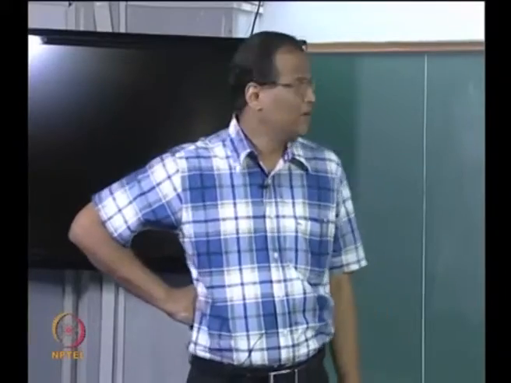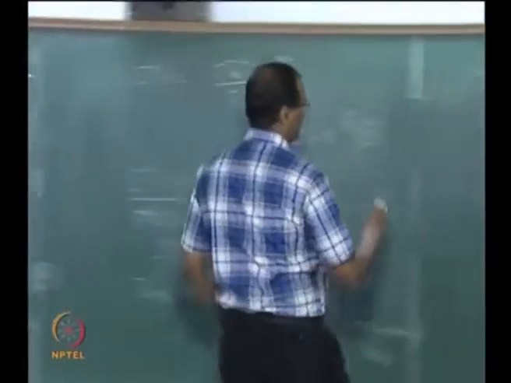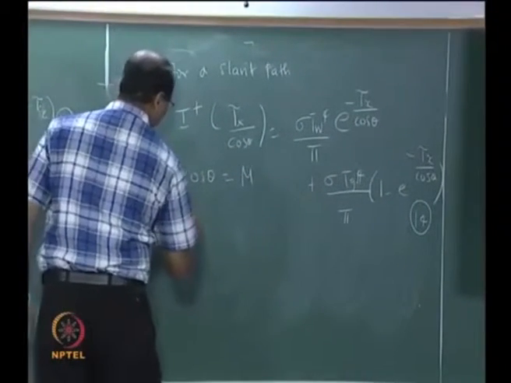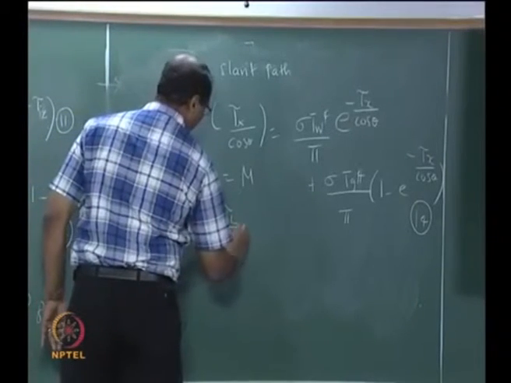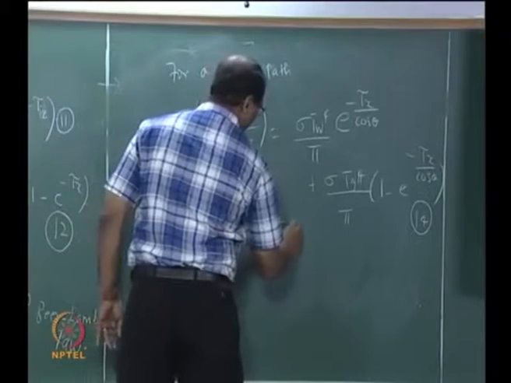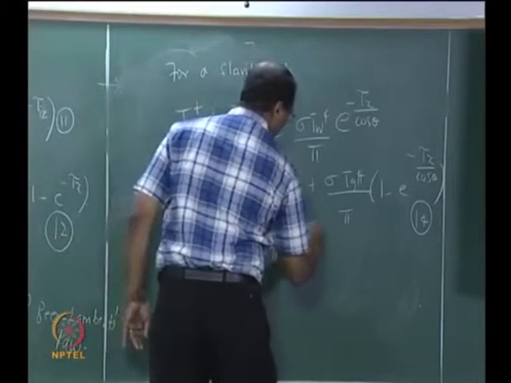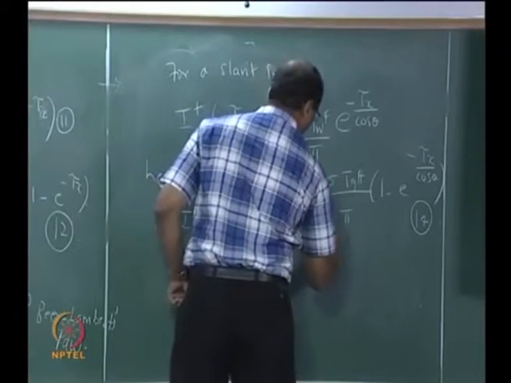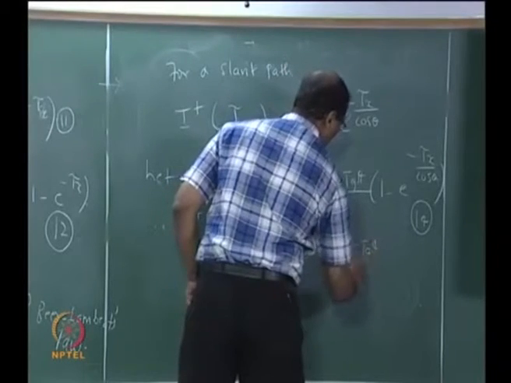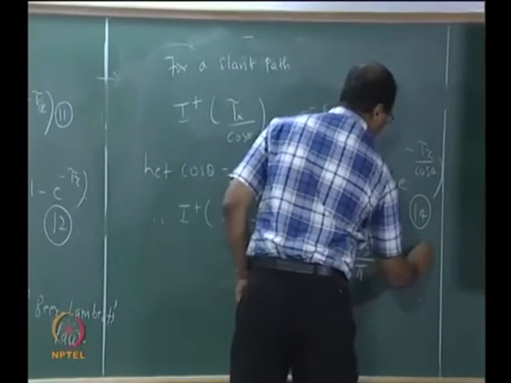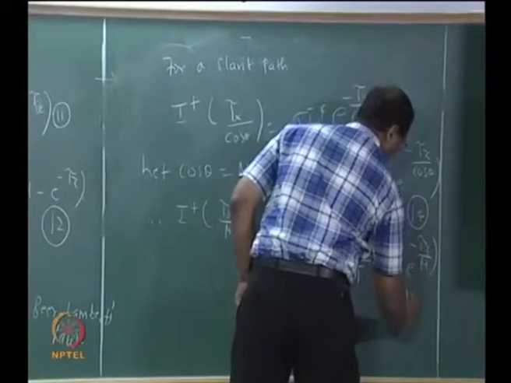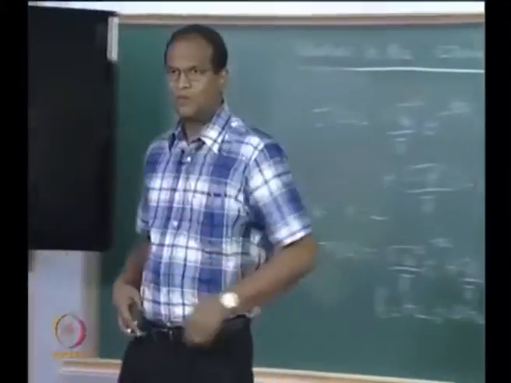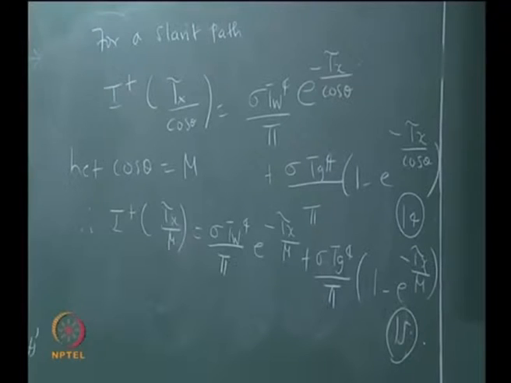Mu equal to 1 represents the straight path.